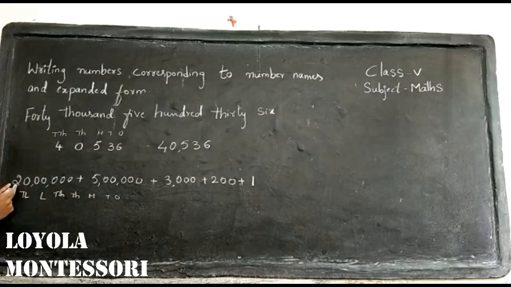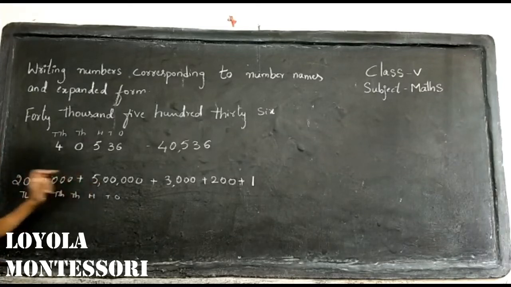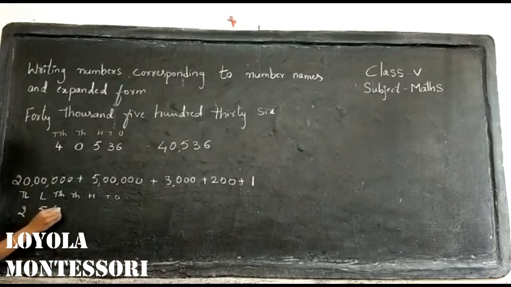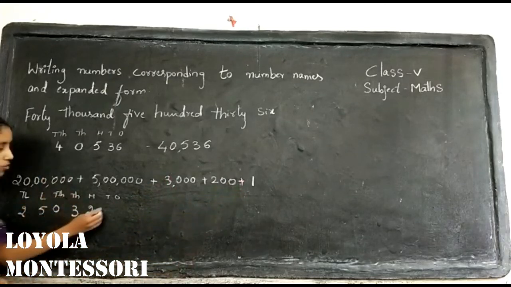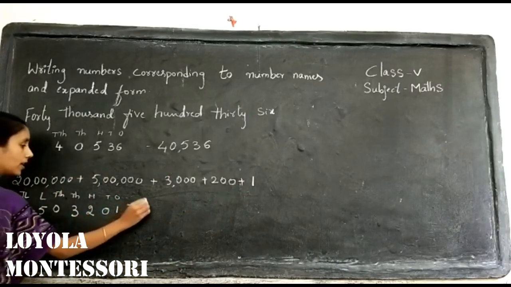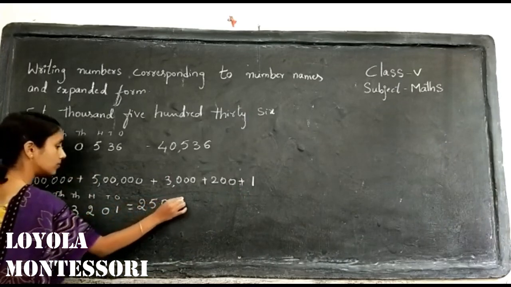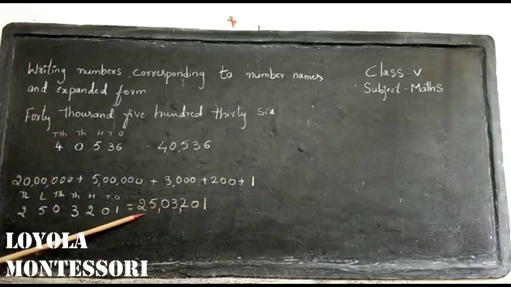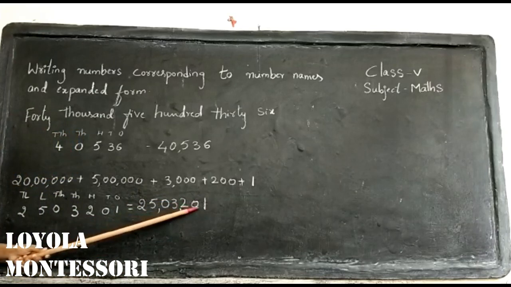First 2 is in 10 lakhs place. 5 is in lakhs place. And there is no number in 10,000s place, so keep 0. Then 3 is in thousands place, 2 is in hundreds place. There is no number in tens place, so it should be 0, and the ones place is 1. So the number is, placing the commas according to the system, 25 lakhs 3,201.